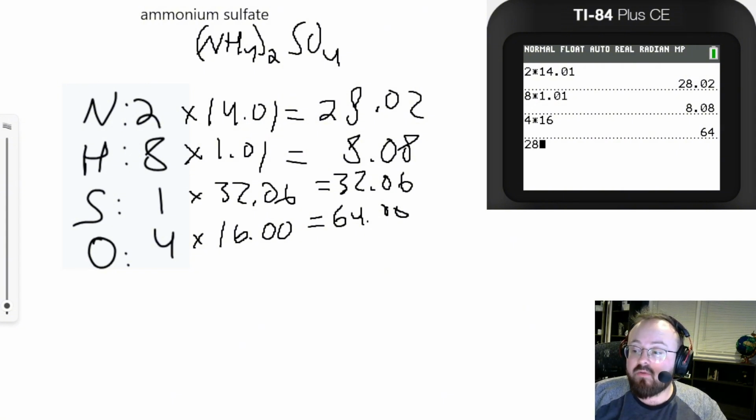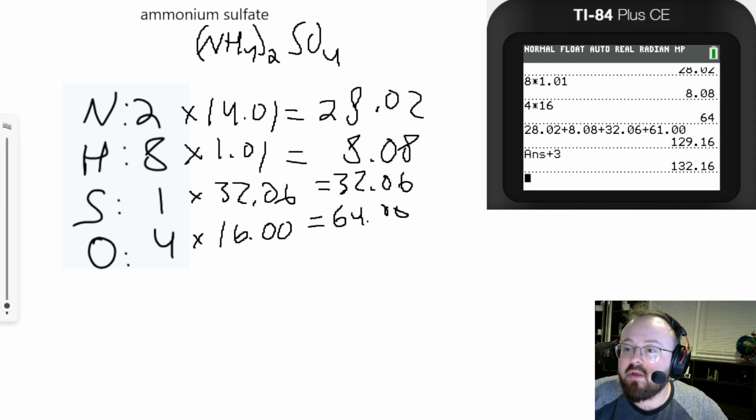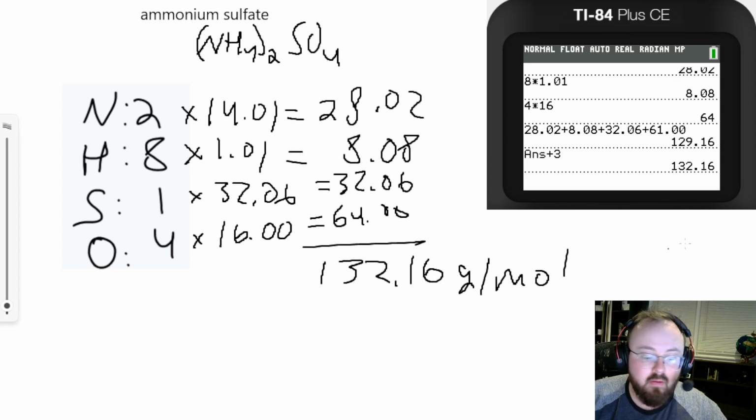We add all this stuff up: 28.02 plus 8.08 plus 32.06 plus 64.00, and we get our final answer of 132.16, and our unit here is grams per mole. Okay, and there's our example for ammonium sulfate.